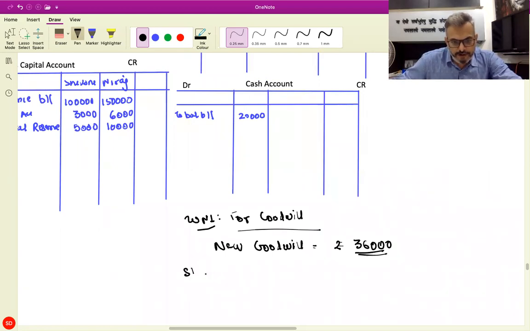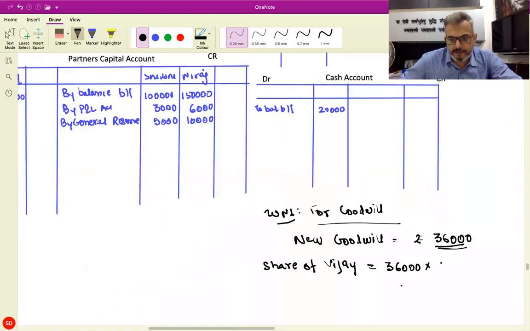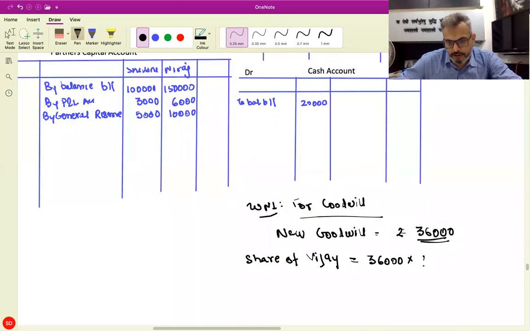Share of Vijay is equal to 36,000 into, what did we find out? His share 4/9. So into 4 divided by 9, which comes to 16,000.